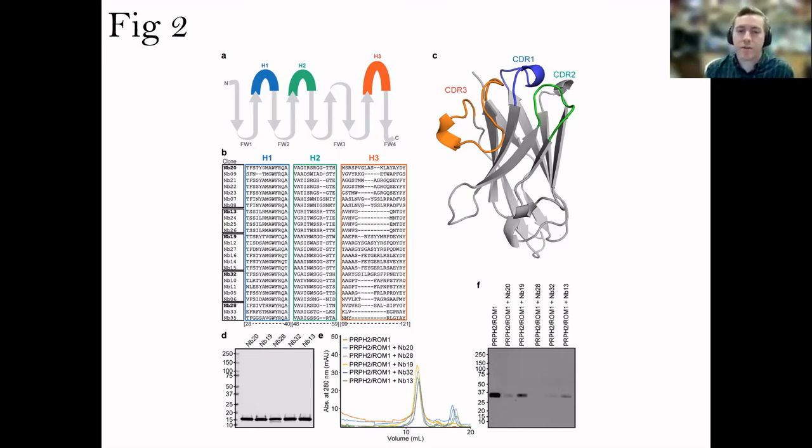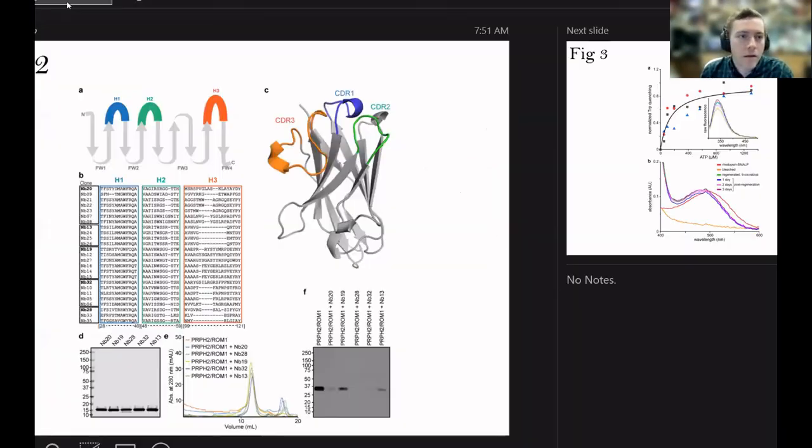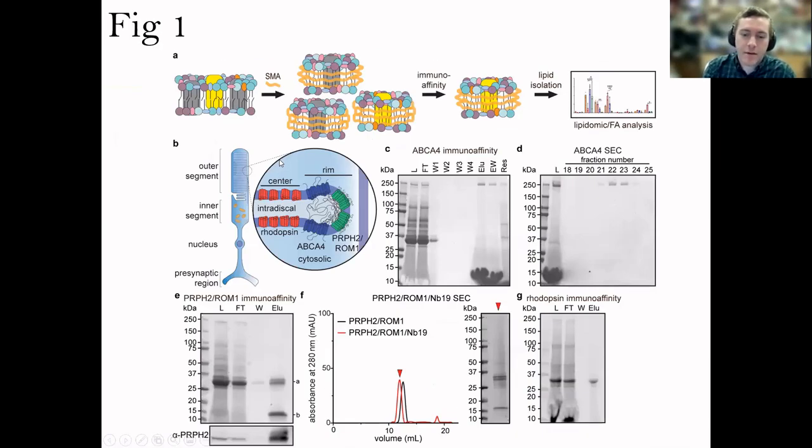In that case, it was relatively easy to elute, just using the normal imidazole. And then in the other cases, for rhodopsin, we used the epitope peptide to elute, and likewise for immunoaffinity with ABCA4, we just used the known epitope peptide to elute those. Perfect. This is beautiful.